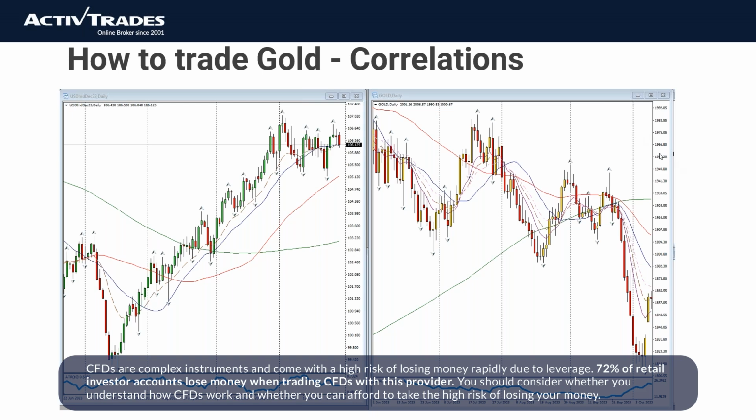As we said, those correlations, not only can you see them on an intraday basis, but you can also see them on a wider timeline. In this particular case, we can see July through August through September into October, we had dollar strength, whereas we had gold weakness. The dollar index is a beautiful trend.